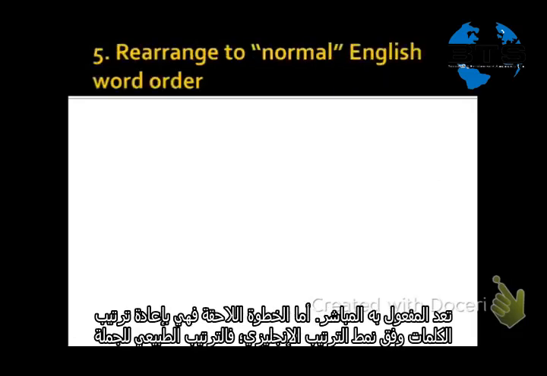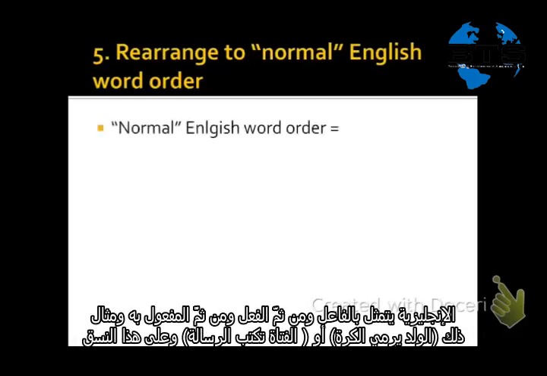All right, so our second to last step, you rearrange the words to normal English word order. Normal English word order is considered subject, verb, direct object, right? The boy throws the ball. The girl writes a letter. Subject, verb, direct object.